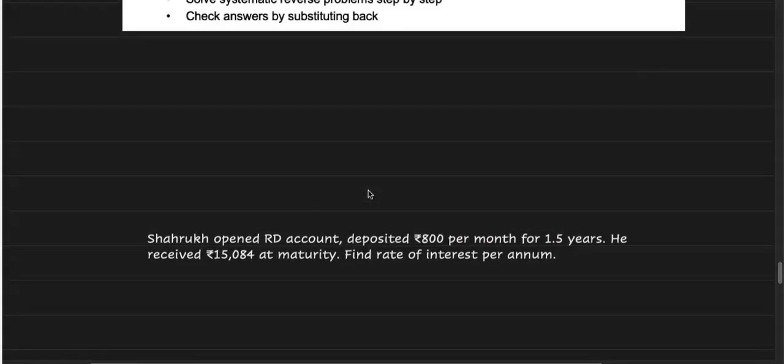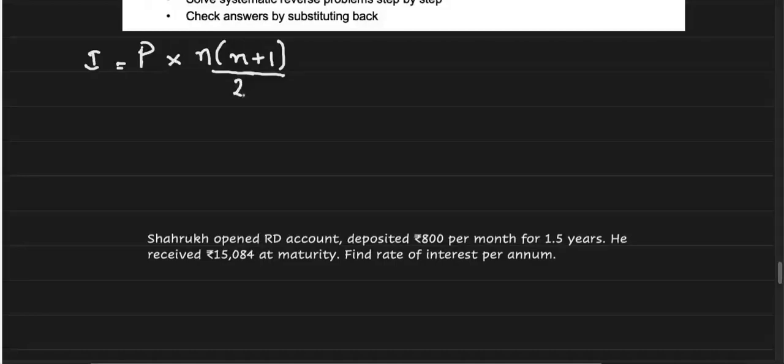For example, we have the interest formula, that is, interest equals P multiplied by N into N plus 1 divided by 2 multiplied by 12, multiplied by R by 100.